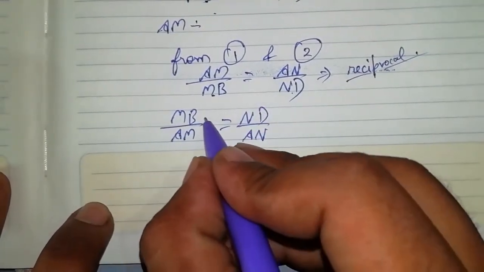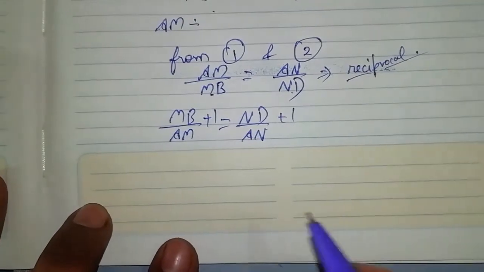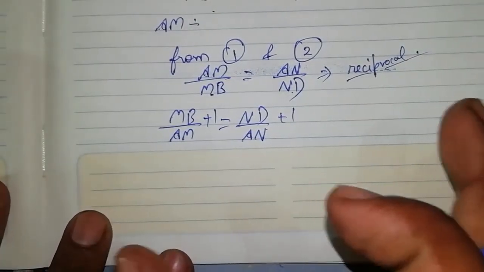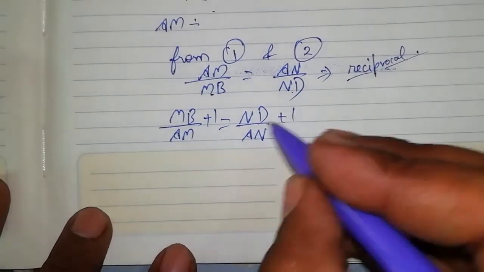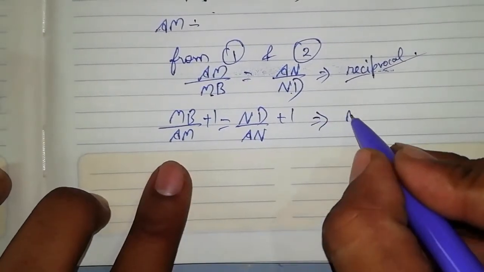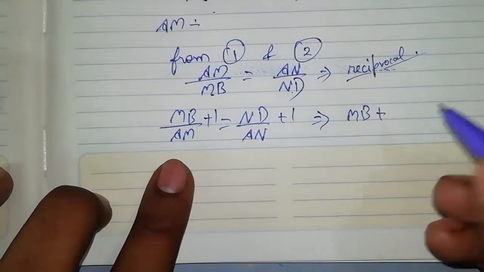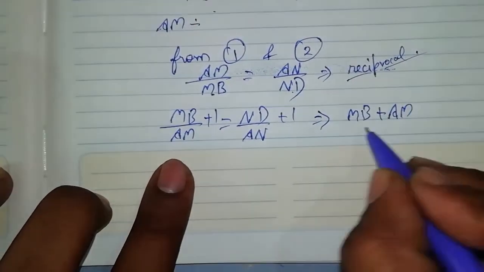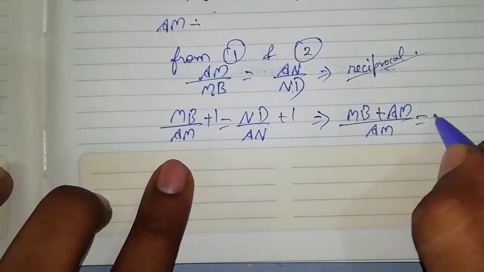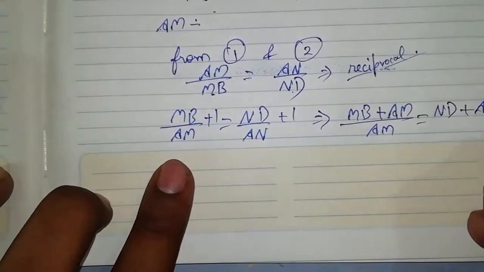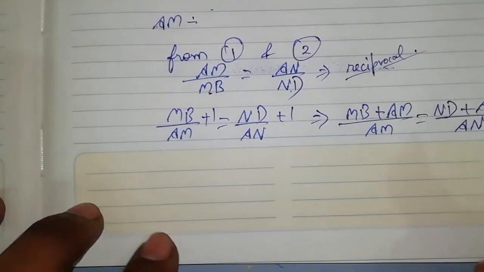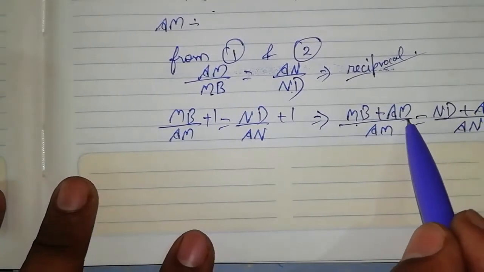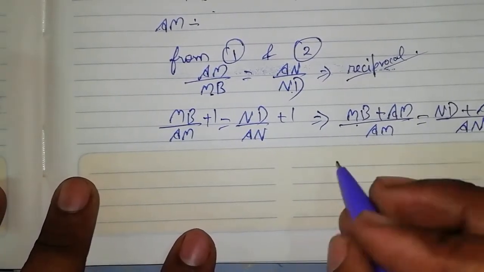Now we will add 1 to both sides. By Euclid's axioms we can add or subtract anything from both sides of the equal sign. So from here, taking the LCM, in the numerator we have MB plus AM upon AM equals ND plus AN upon AN. Look at the figure here: MB plus AM equals AB.